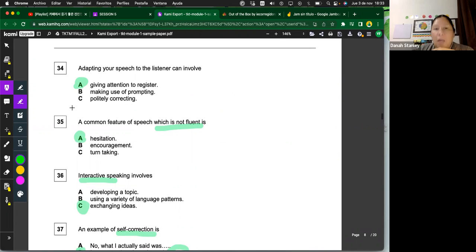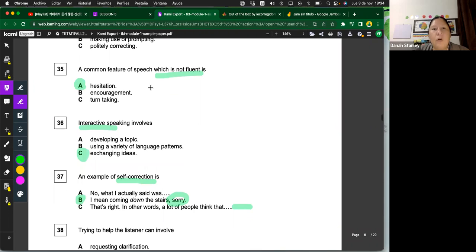It is letter A, because I cannot use the same level of English with advanced students as with true beginners. So I need to adapt the register. If it is advanced, more formal or informal, okay?